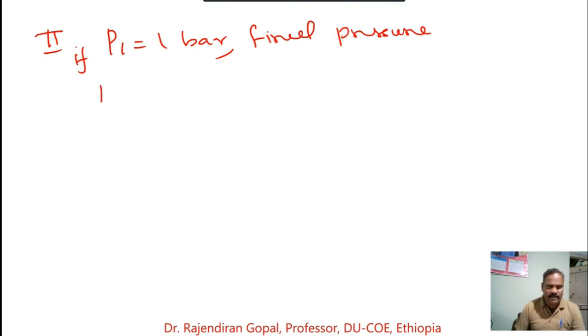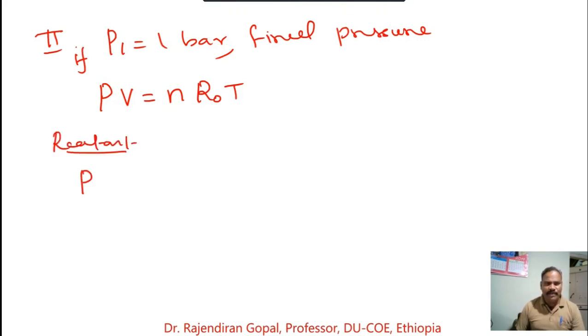We know the ideal gas relation, PV is equal to N R naught T. For the reactant we can write P of the reactant times volume of the reactant is equal to N of reactant R naught multiplied by T of reactant.